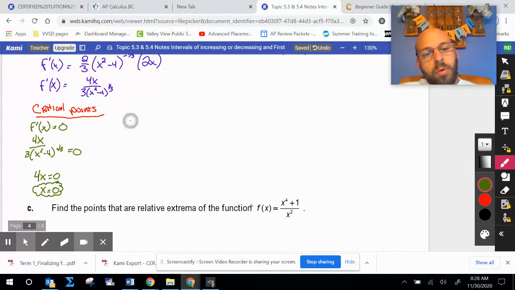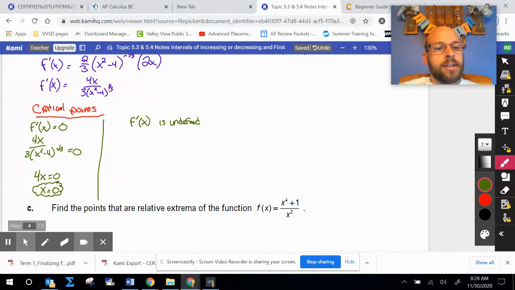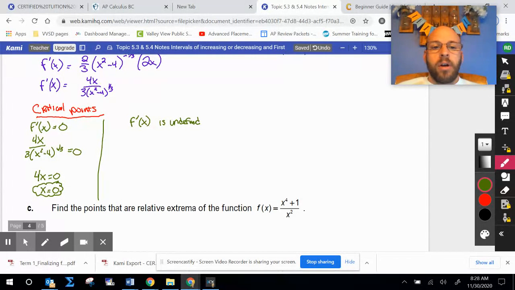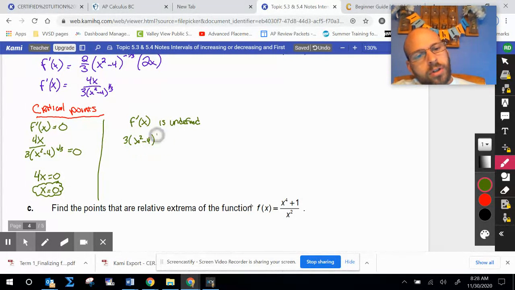Now, the other critical point is going to be where f prime of x is undefined. Your derivative is going to be undefined when the denominator is 0, right? An undefined fraction is when I have some sort of constant over 0. So I'm going to take the denominator, the 3 times x squared minus 4 to the 1/3 power, and set that equal to 0.